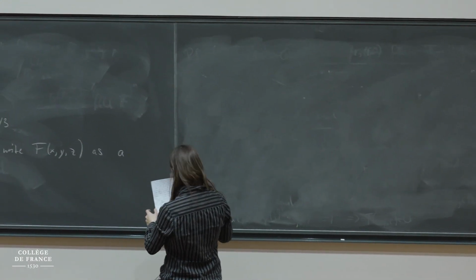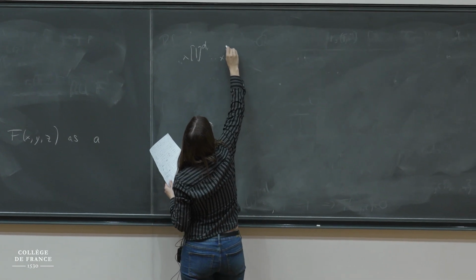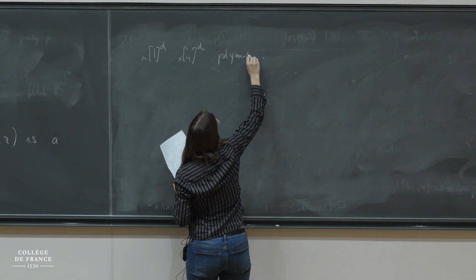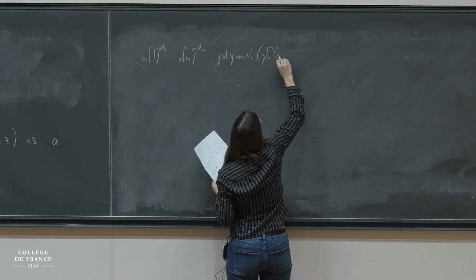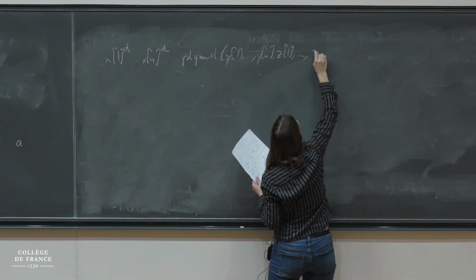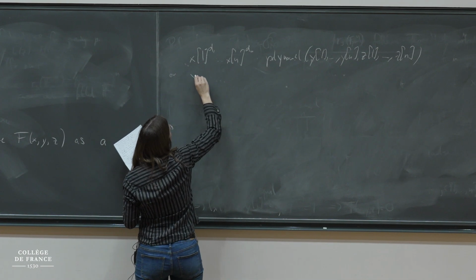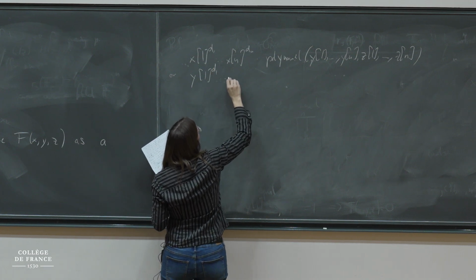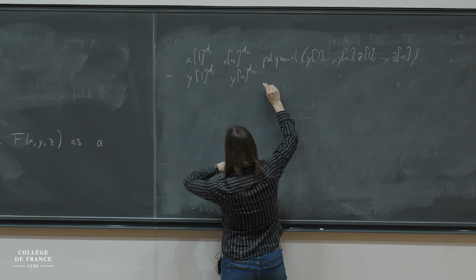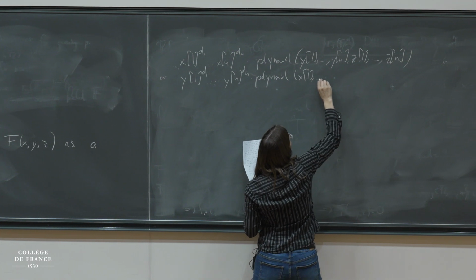And so in the resulting representation, we have terms of the form x1 to the d1 and so on times xn to the dn times some polynomial of y1 to yn, z1 to zn, or y1 to the d1 through yn to the dn times some polynomial of x1 to xn.